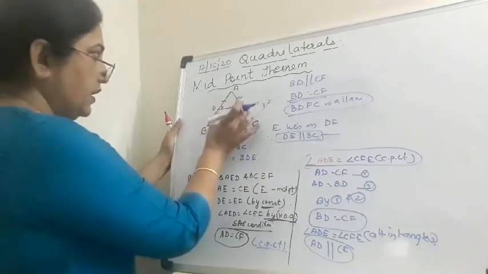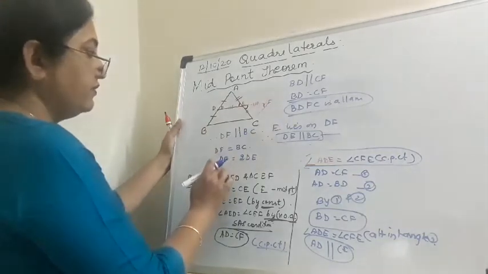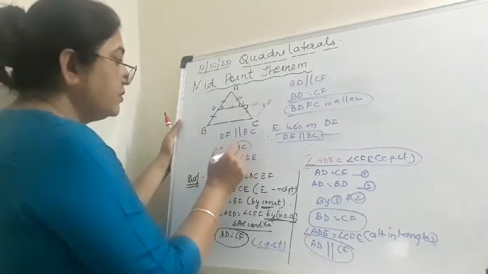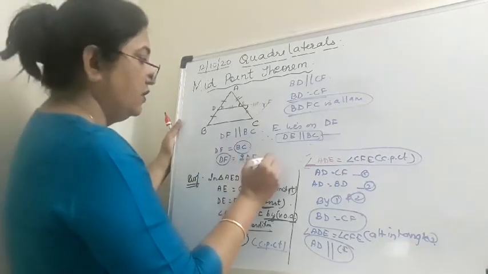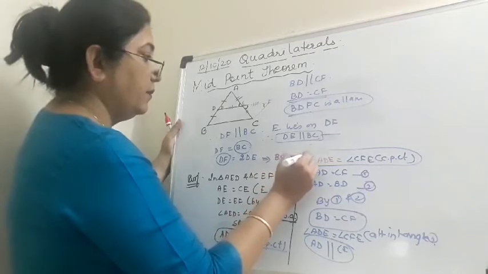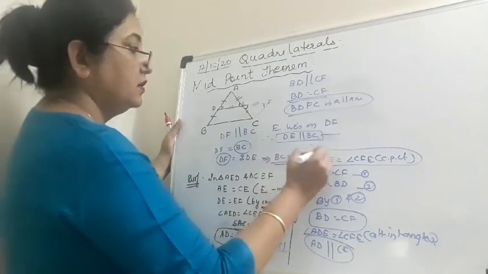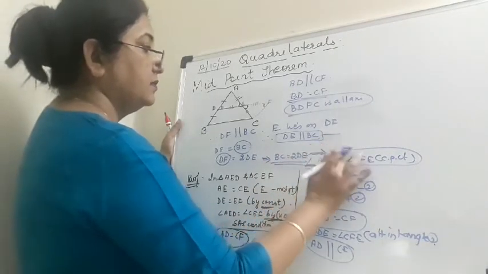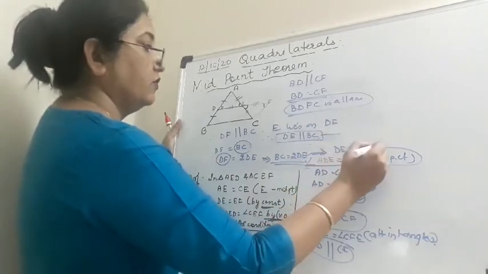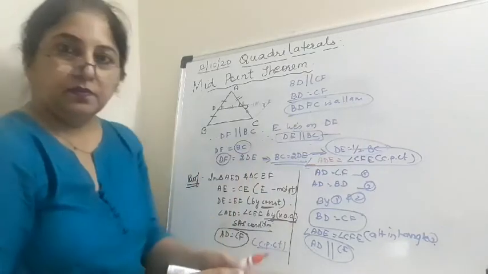Yes, because DE and EF are equal, so we can write DF is twice of DE. Now in place of DF, can I write BC? Yes, so this implies BC is twice of DE. Hence this implies that DE is equal to half of BC.